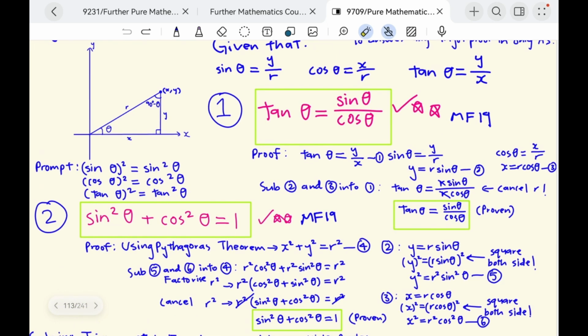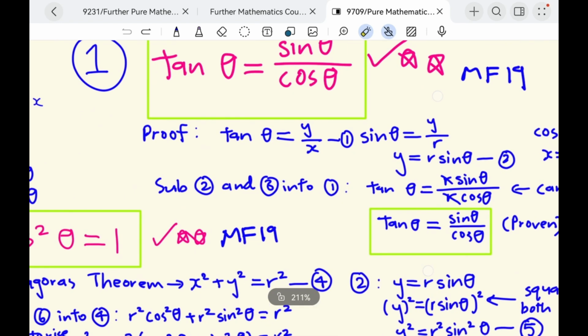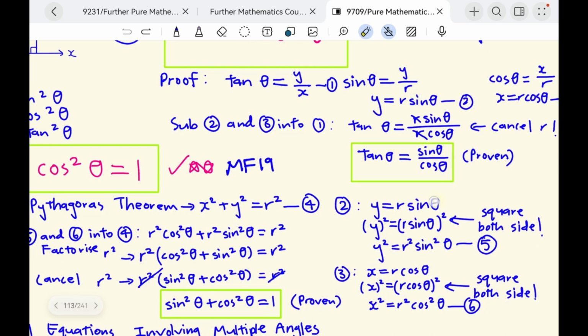From the second equation, you square both sides to get y squared equals r squared sine squared theta, as well as x squared equals r squared cos squared theta.